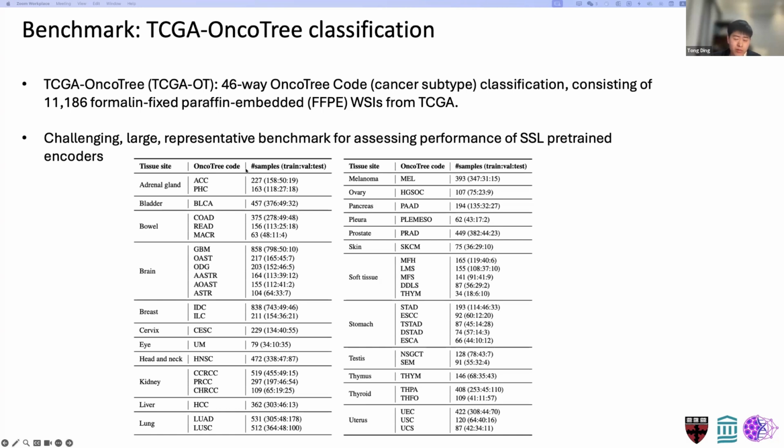And we purposely made this dataset to create a challenging, large, representative benchmark for assessing performance of these self-supervised learning trained encoders. And all of the splits are created preserving their source site of TCGA, and they are already made available in our GitHub.